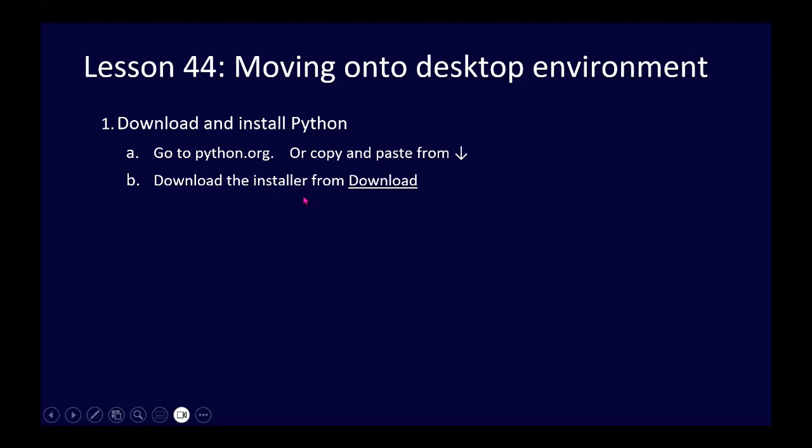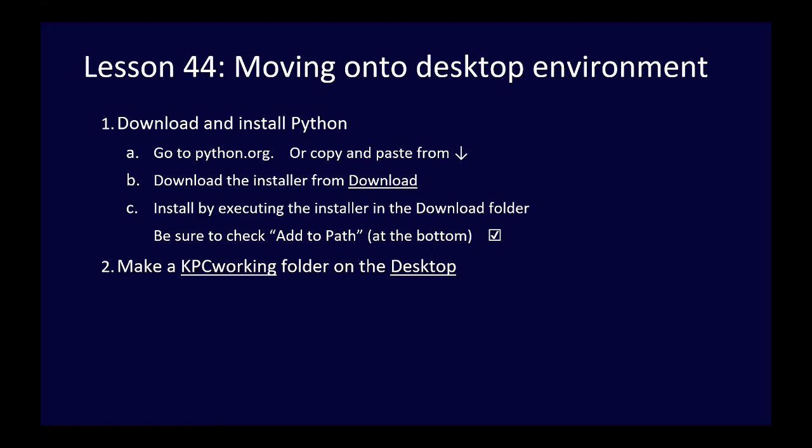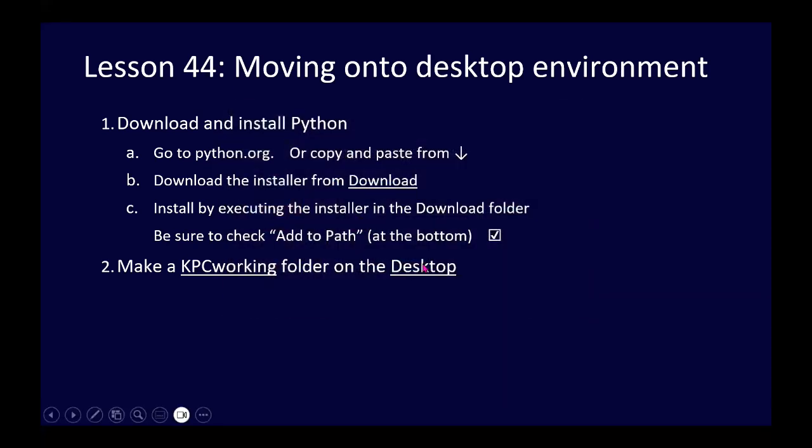Download the installer from the download tab and install by executing the installer in the download folder. Be sure to check add to path at the bottom because that's easier. Then run the installer so that you can go ahead and install it. Maybe I will stop it because I don't need to upgrade.